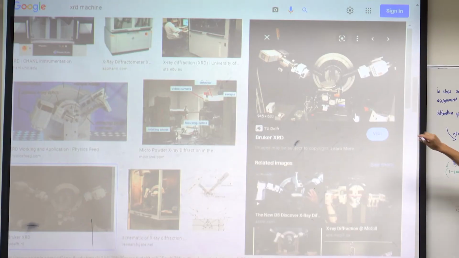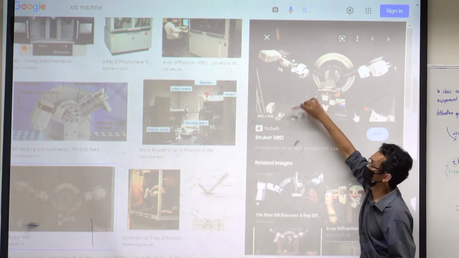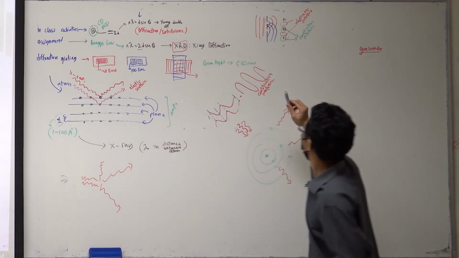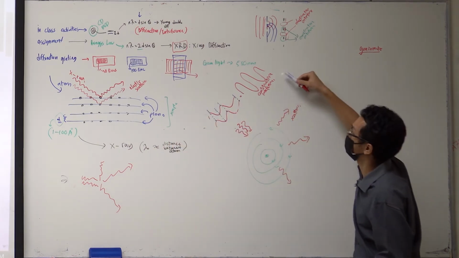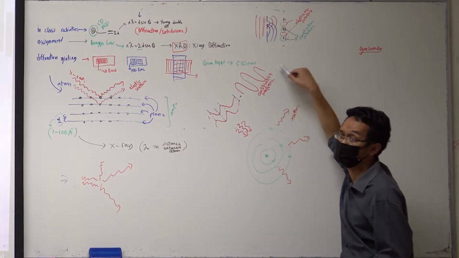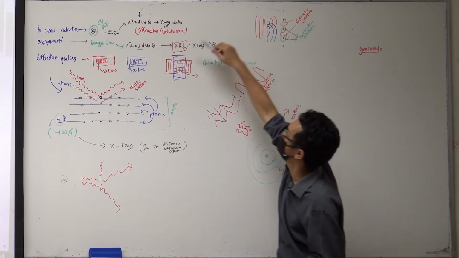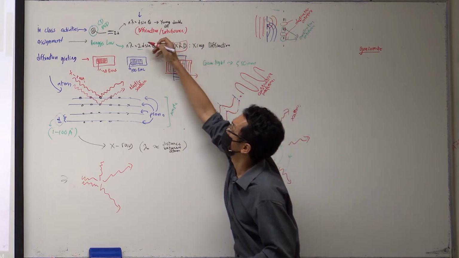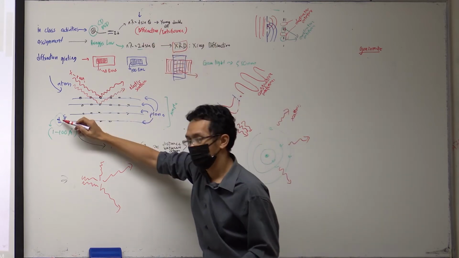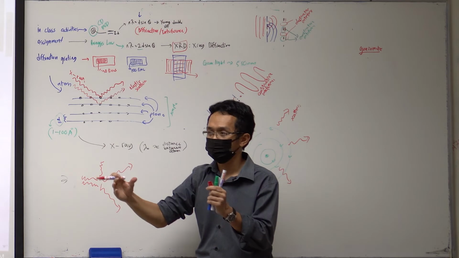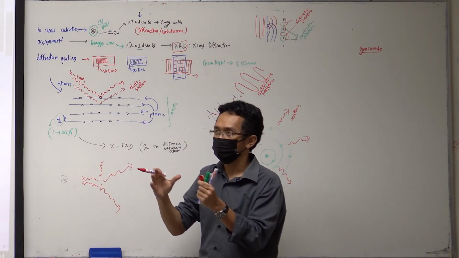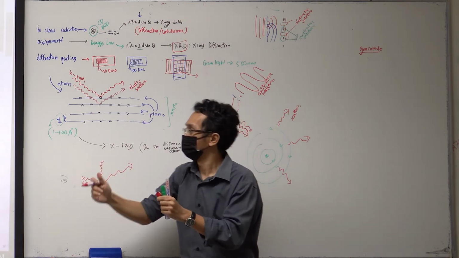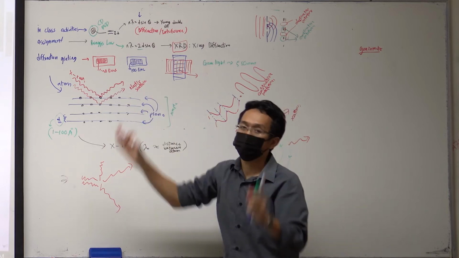So the reason why it moves in angle is to find where this constructive interference is, because only when you find this constructive interference can you use this formula, and from this formula you can find D, and from this D you can reconstruct back the atom locations in space.